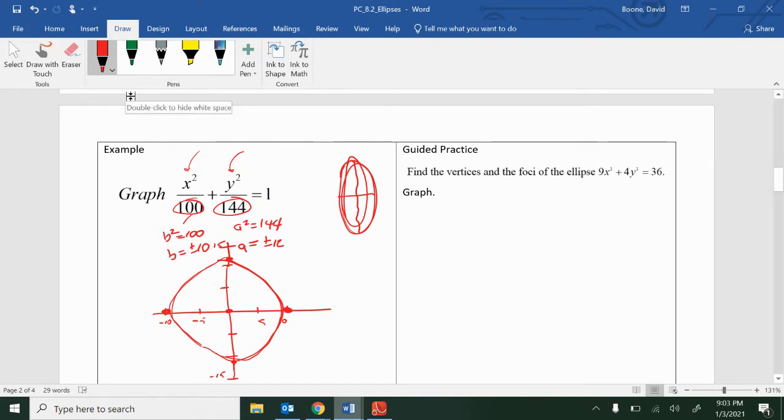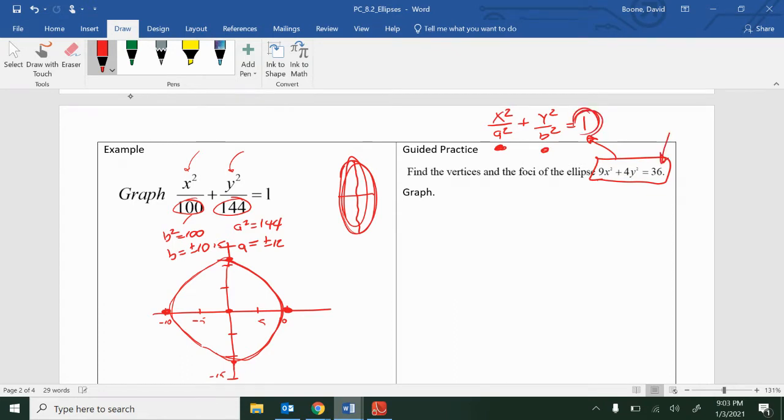Okay. Well, now we're going to get into actually doing some of the math work here to try to get our equations into that form, x squared over a squared plus y squared over b squared equals 1. Or again, these values, the a squared and b squared, could switch depending on which way it's been elongated. So the first thing is, I always want to make sure that it's equal to 1.